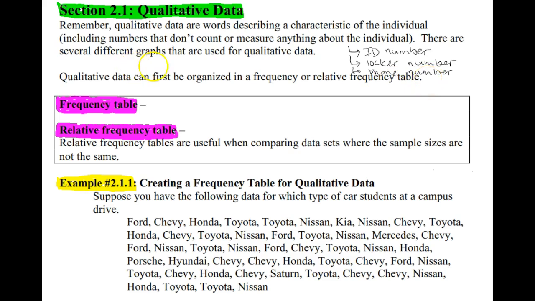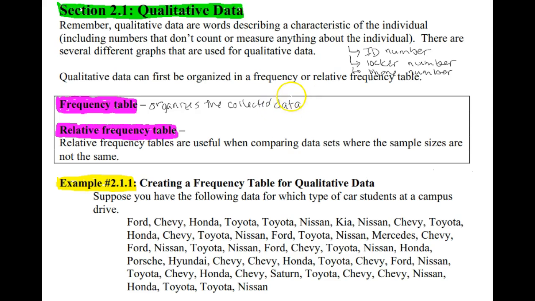There are several different graphs that are used for qualitative data. We're going to first start by organizing the data into either a frequency or a relative frequency table. A frequency table organizes the collected data. Now again, that data could be from a sample or a population, but typically it would be from a sample.